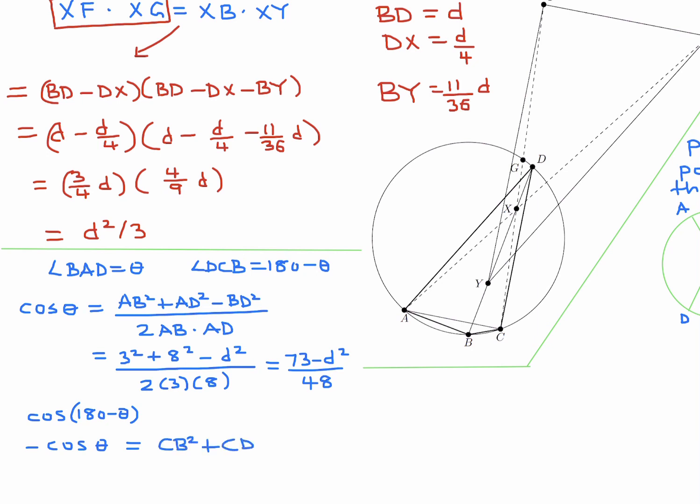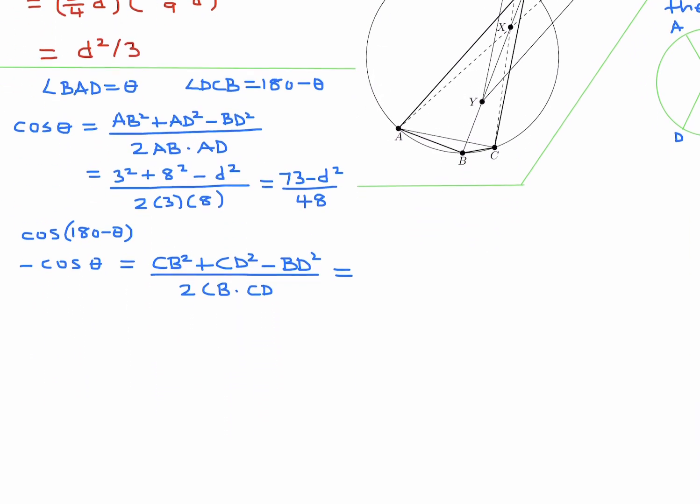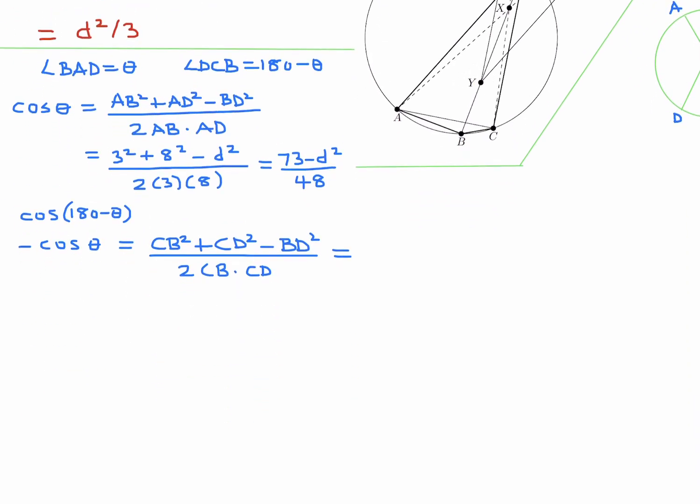CB squared plus CD squared minus BD squared all over 2 times CB times CD. We know these numbers. These numbers are 2 squared plus 6 squared minus d squared over 2 times 2 times 6. And that would be 40 minus d squared over 24.